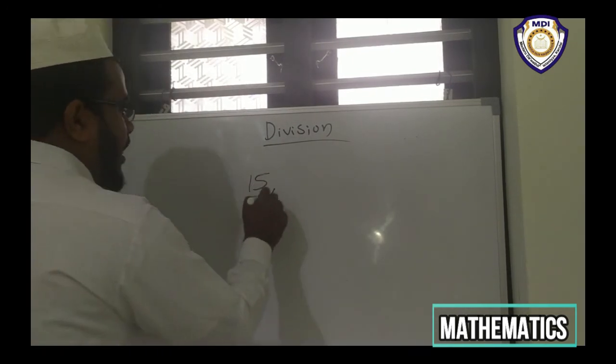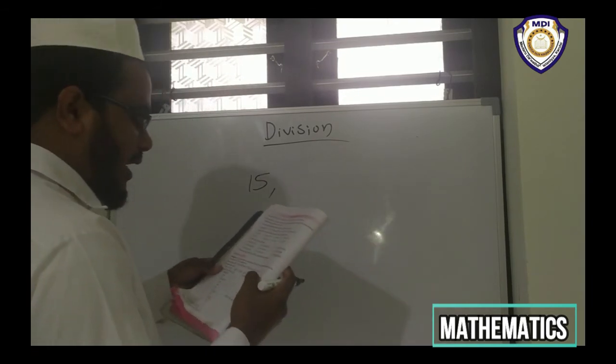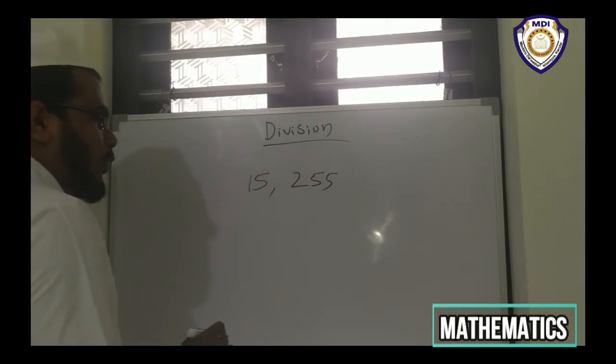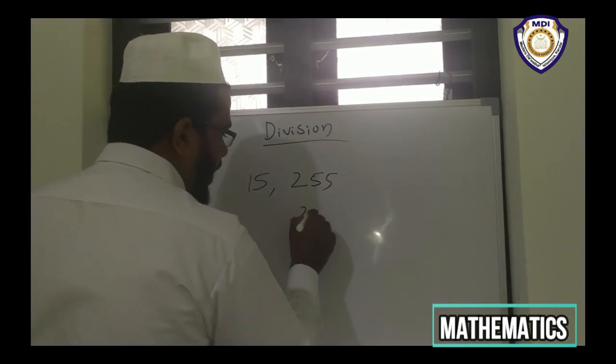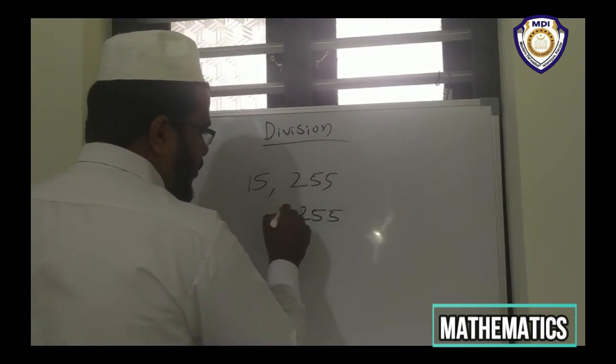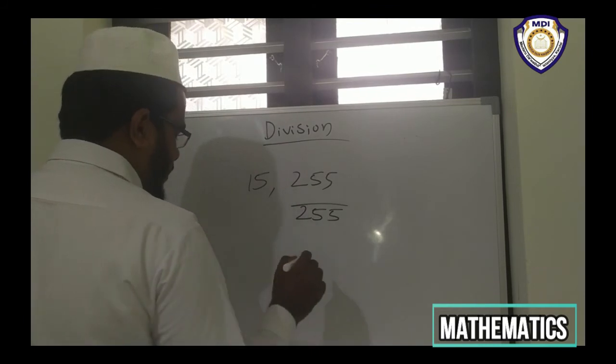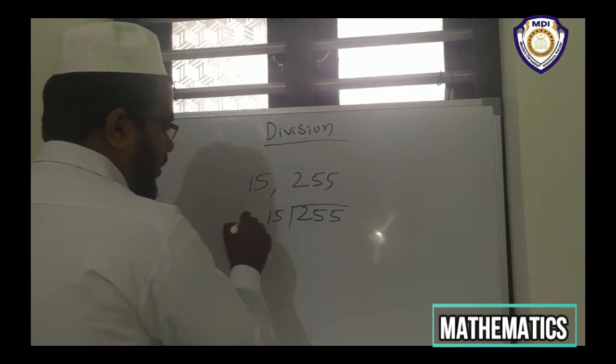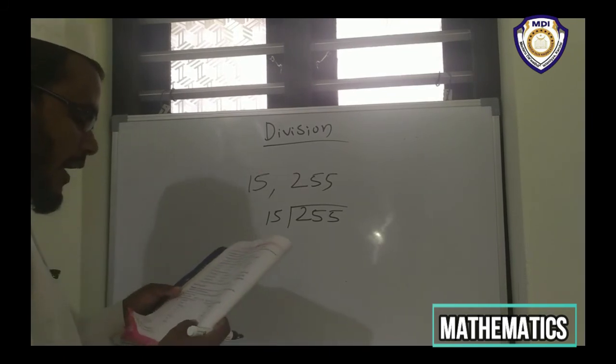Then there is another number, which is 255. You have to multiply 255 by 15. Then you get the answer.